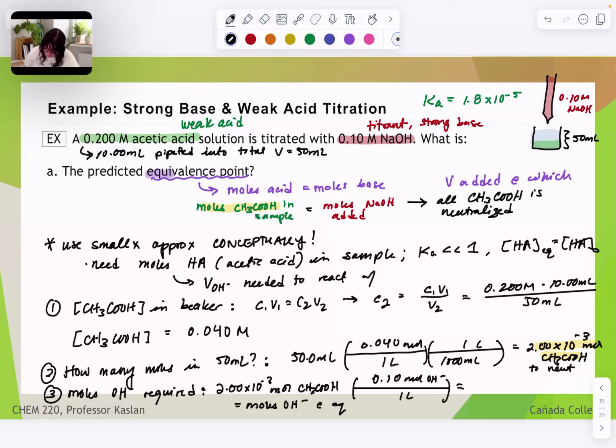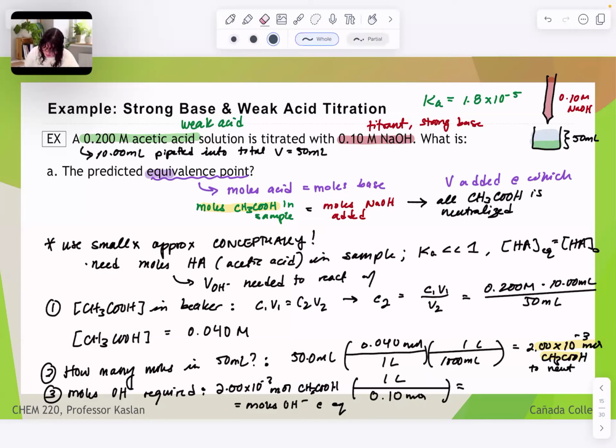Because these are equivalent, this and this will cancel. So I'm taking 10% of that. So that is, oh, hold on, careful, let's check our units here. Moles, those don't cancel. Whoops. So we need to divide by 0.10 mole per 1 liter. There we go. Okay, so dividing by 1/10 is the same thing as multiplying by 10.